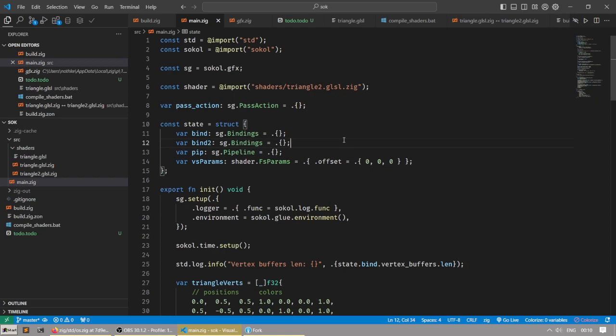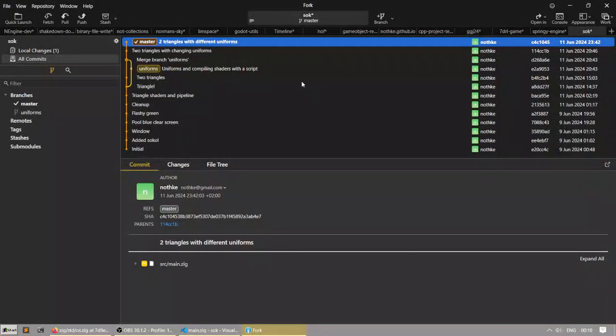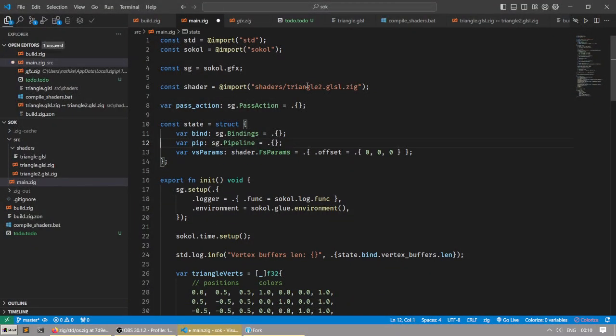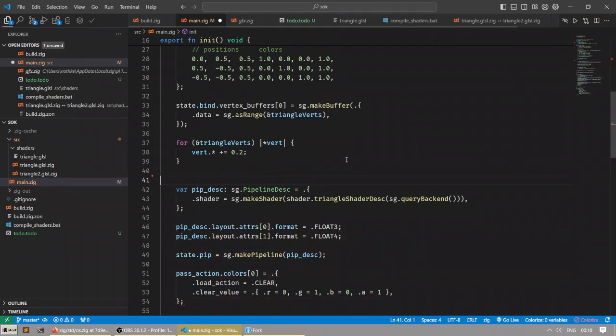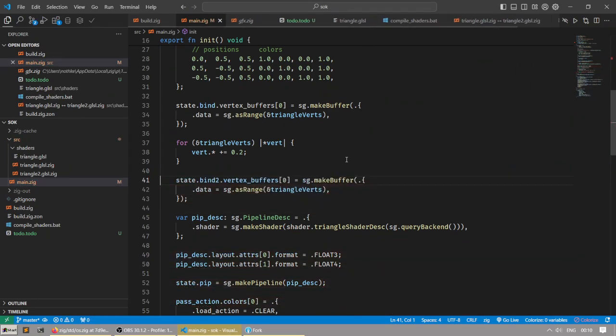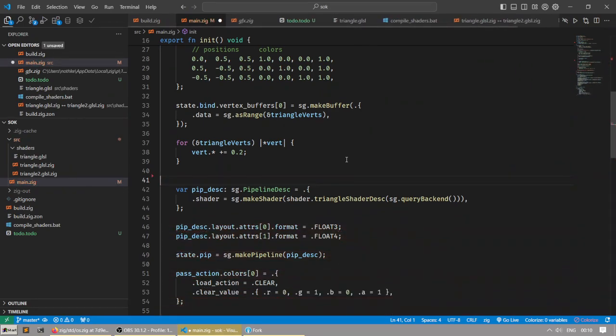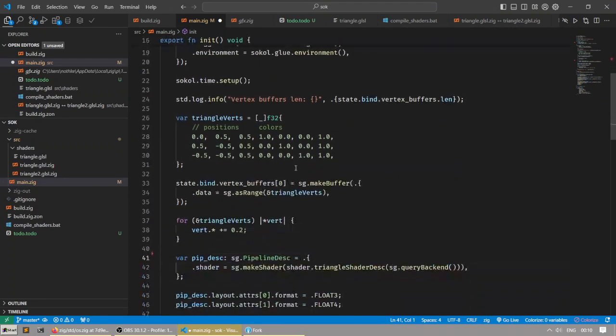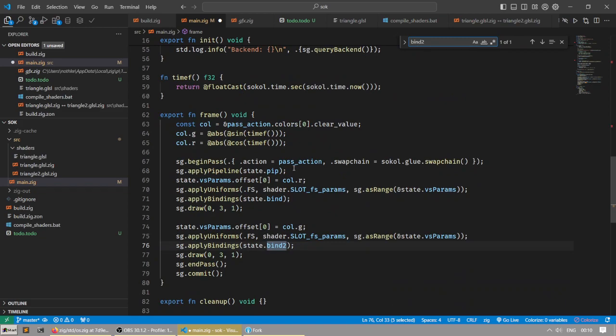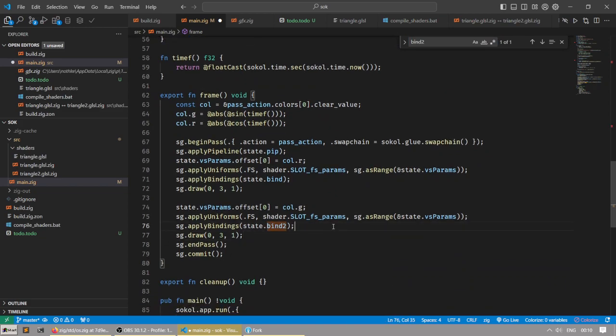For the beginning, before we start drawing the circle, let me actually remove this other triangle because I don't want to draw anything else. So I'm going to need to remove this binding. And where else did I have this bind? Okay, apply bindings, apply uniforms.